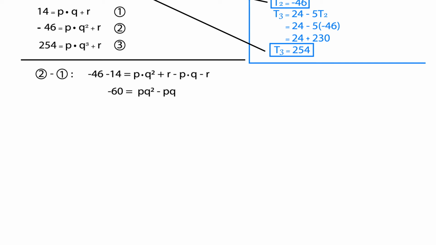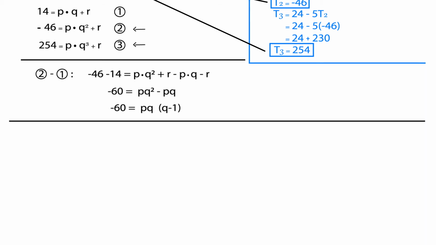So that's good. This becomes minus 60. If you factor out a pq, this will give you q minus 1. And I think that's about as far as we can go there. And we can do something very similar with 3 minus 2. That would be beneficial.